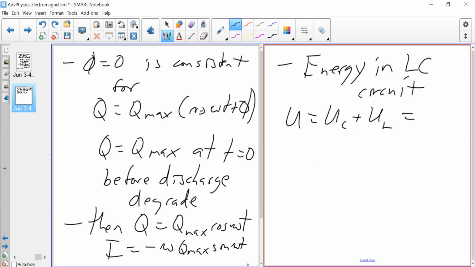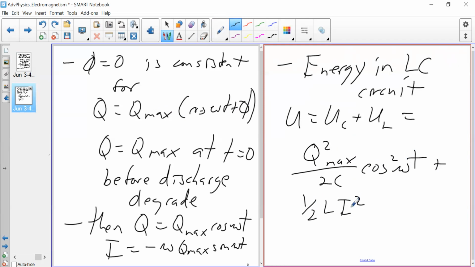So we'll have Q squared max over 2C cosine squared omega t. Why? Because Q max cosine is squared, plus 1/2 L i squared, where I max is also squared, and now it's just going to be sine squared omega t. Cosine squared plus sine squared is 1.